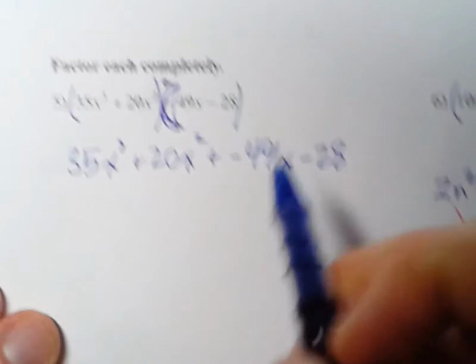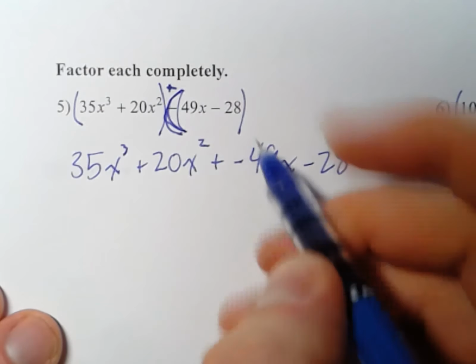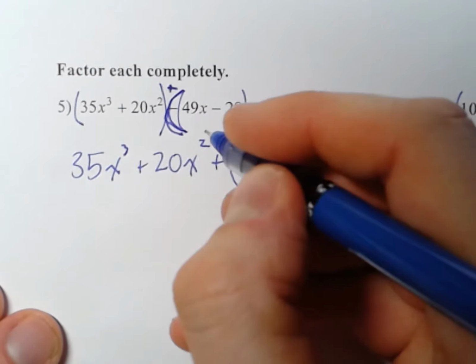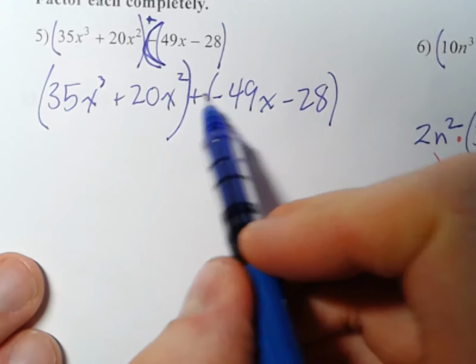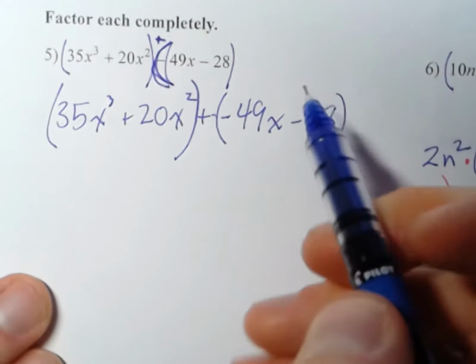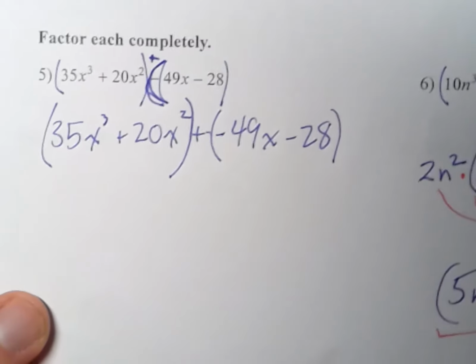See how that doesn't actually change anything? I'm changing the subtraction into a plus and negative, and it doesn't mess up anything else. If I had made this a negative of this whole thing, then it would have turned this negative 28 into a positive 28, which I don't want.